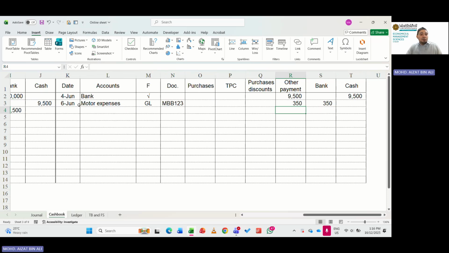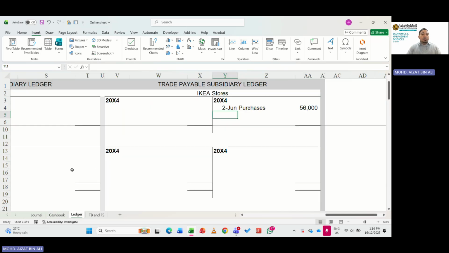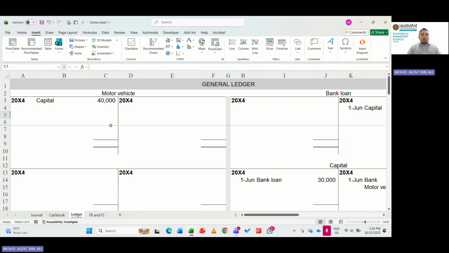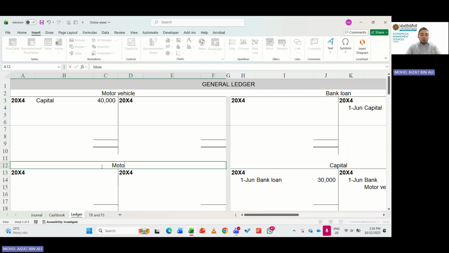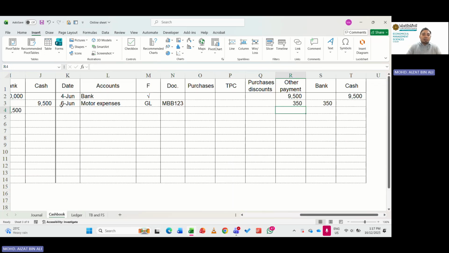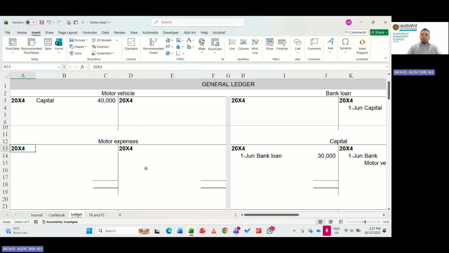So in this case, after we record this in the cash book, we go to the general ledger to record this double entry. Now let's open our motor expenses and look at the details here. 6 June, bank, 350 ringgit like this. All right, next.